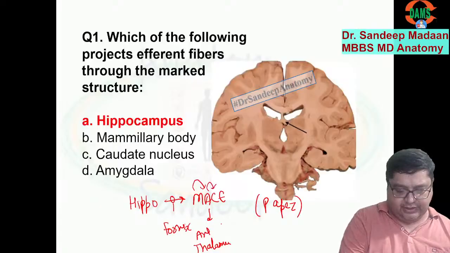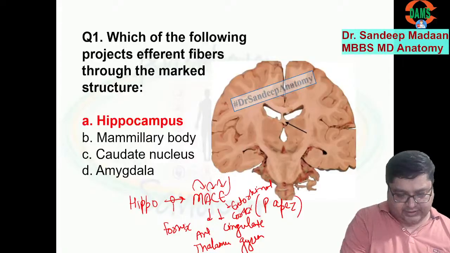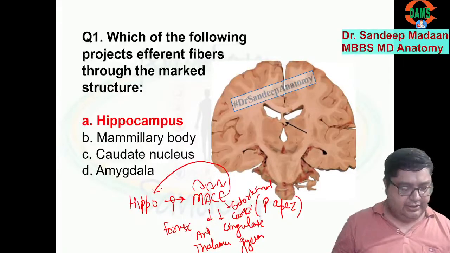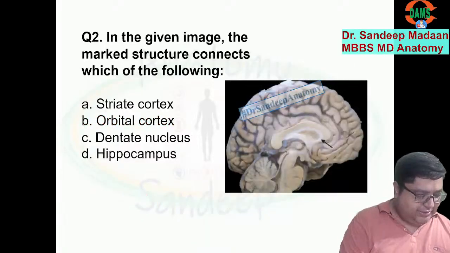Then from here, it will go to the cingulate gyrus, and after that, to the entorhinal cortex. And then from here, it will go to the hippocampus. Like this. I hope that makes sense now.